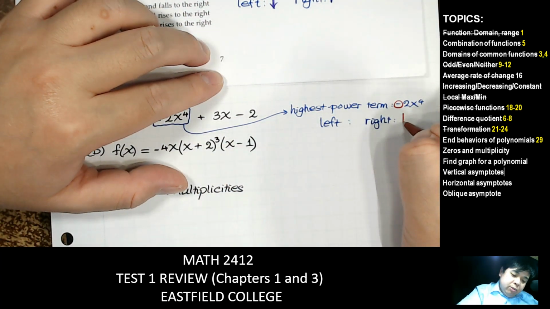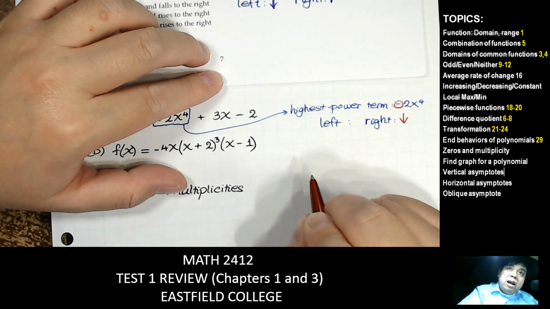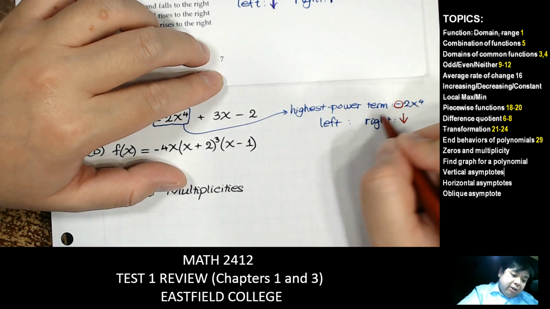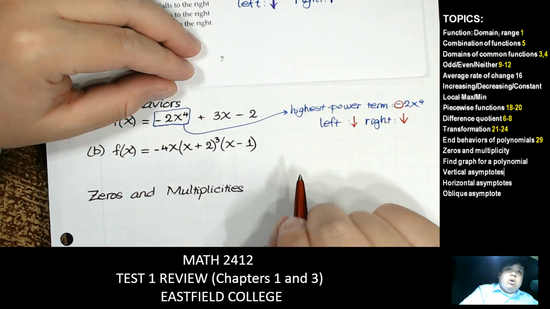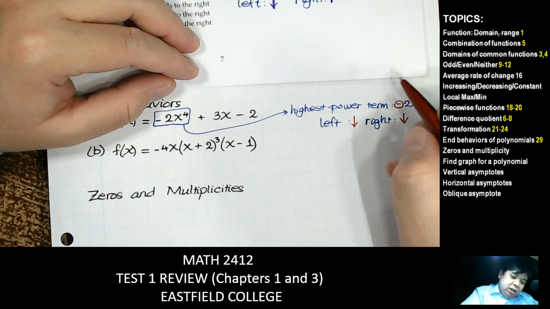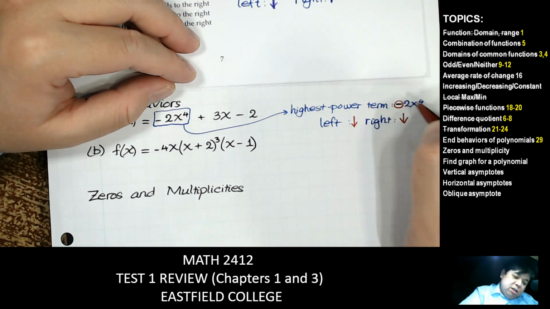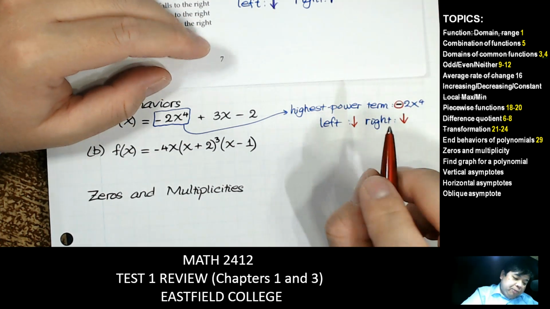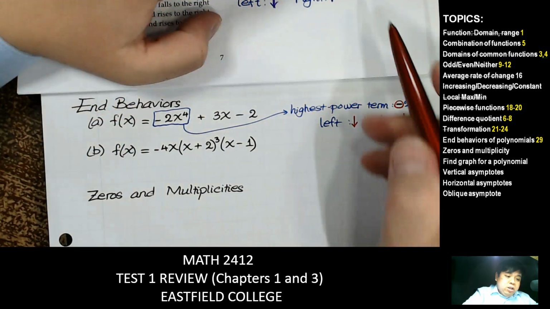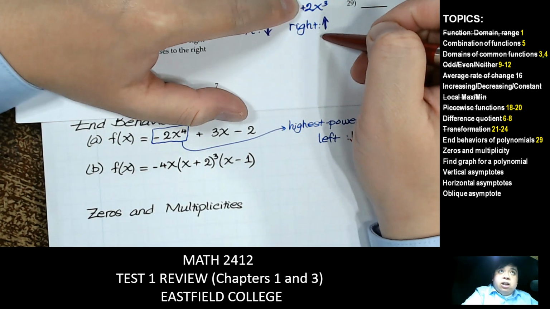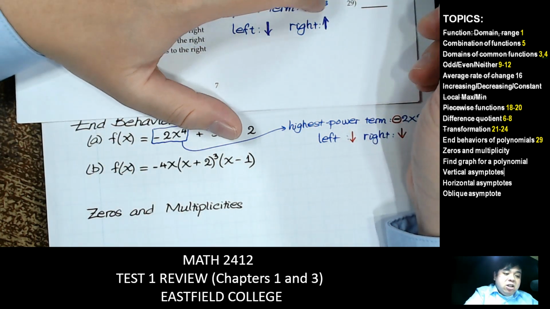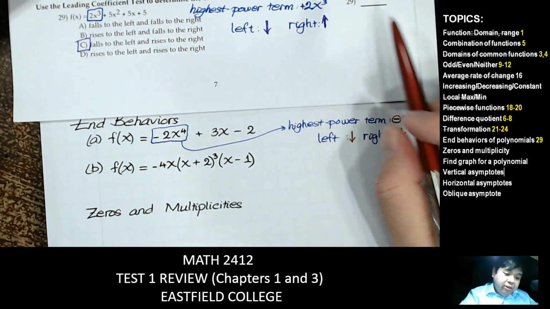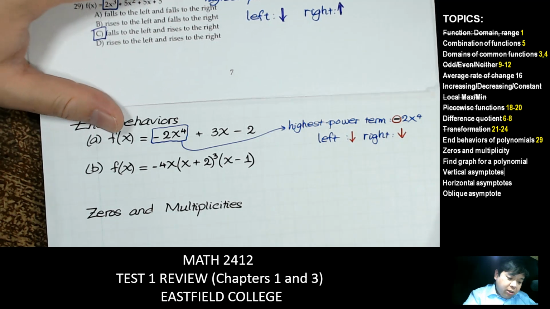So negative, the right is down. And this is even, so left and right have the same behavior. So the left is down, the right is down. So we start with the minus, the negative, the right is down. Positive, the right is up. And then we determine the left behavior based on whether it is odd or even power.